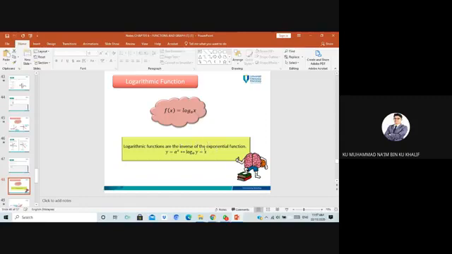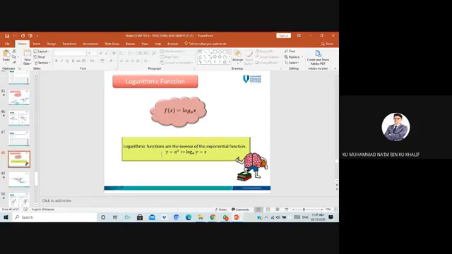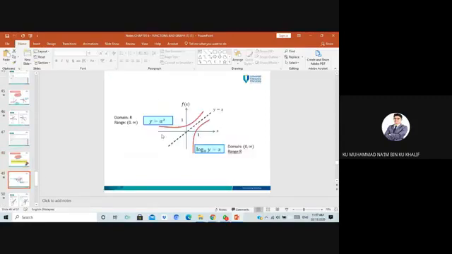Ini tahu. Okay. Right. This one we refer to exponential function. Positive and going up. And then for negative, dia bukan pergi belah sini. Dia inverse for this kind of graph. Log y base a. Okay.